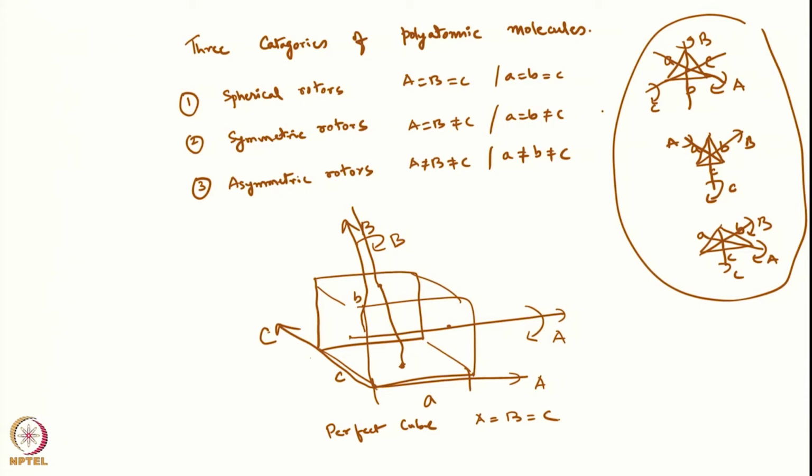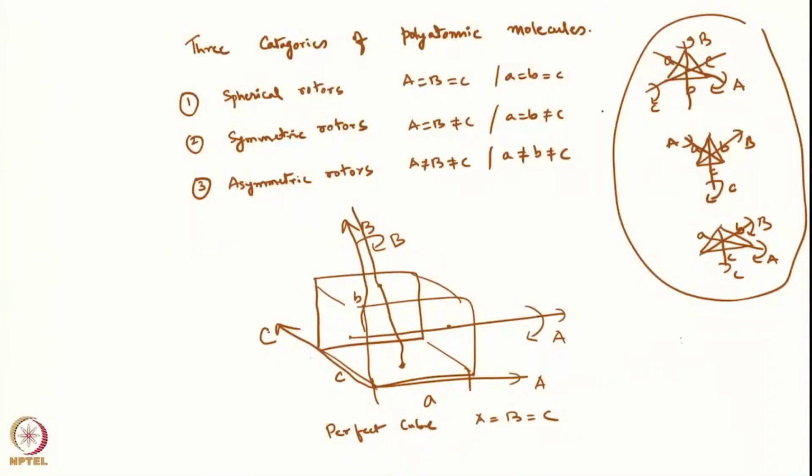Similarly, one can think of a molecule that is tetrahedral in shape like methane. Methane also is a cubic molecule because the carbon atom will be at the center of the cube and the hydrogens will be at 4 opposite vertices. So then you will have methane that is tetrahedral. So anything that is cubic in nature can be fitted on the surface of a sphere. If molecules have that kind of shape, they are called spherical rotors.